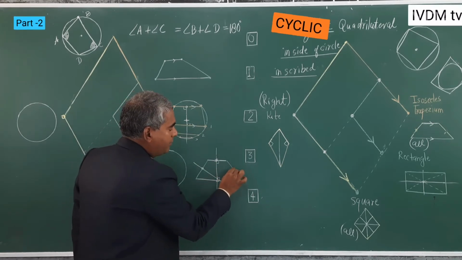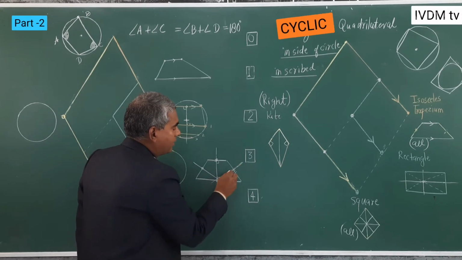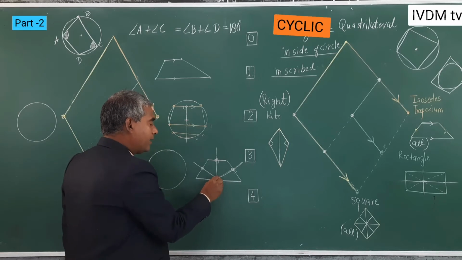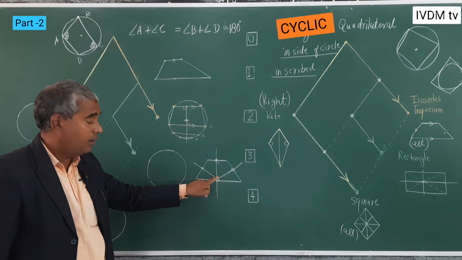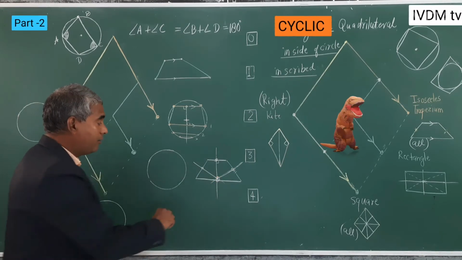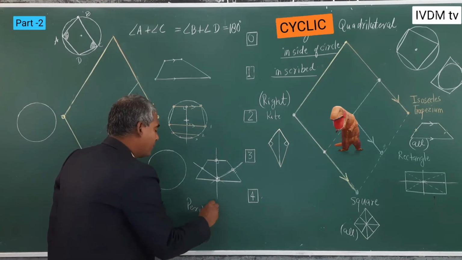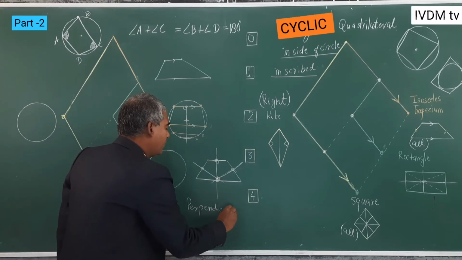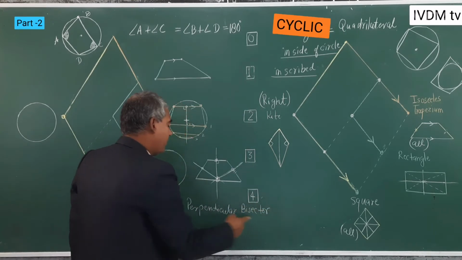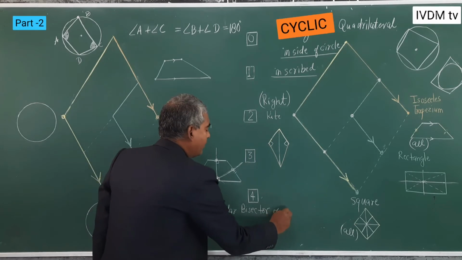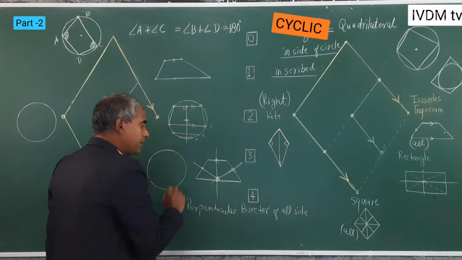This is actually the condition: the perpendicular bisectors of all sides coincide. Coincide means they meet at the same place.